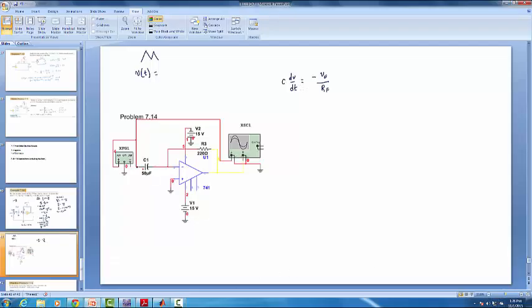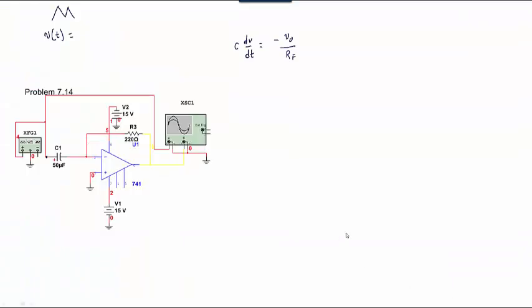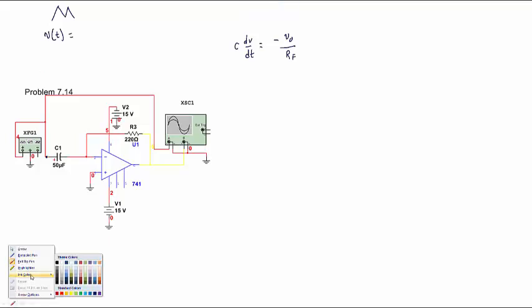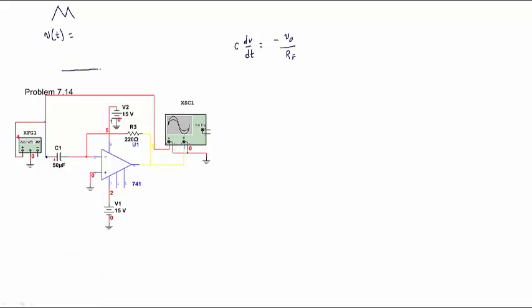Back to our problem that we're doing right here. So it was a ramp, so the ramp looked like, oh crap, my ramp looked like this. Doesn't matter, we'll probably get the same solution if we take the DC offset off, because the capacitor blocks the DC.